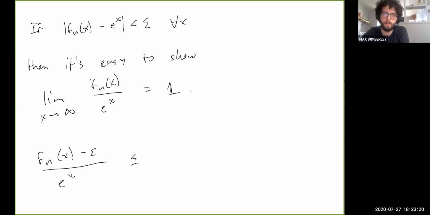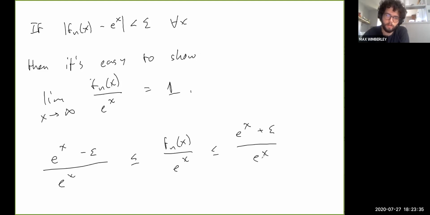Dang it, yeah, e to the x. Then we'd have fn of x over e to the x less than or equal to e to the x plus epsilon over e to the x. But this is just 1 minus epsilon over e to the x, and then this is 1 plus epsilon over e to the x. These both clearly approach 1.